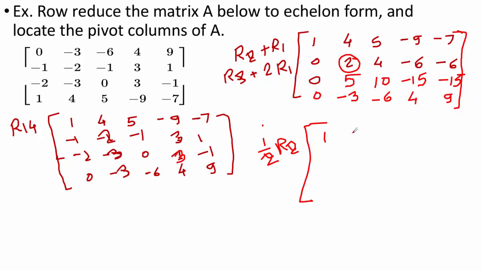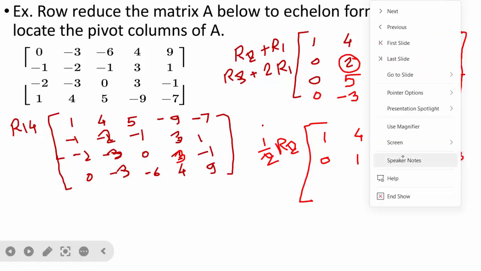The first row will remain as it is. Then the elements of the second row we have to divide by 2. 0, 2 by 2, 1, 4 by 2, 2, -6 by 2, -3, -6 by 2, -3.